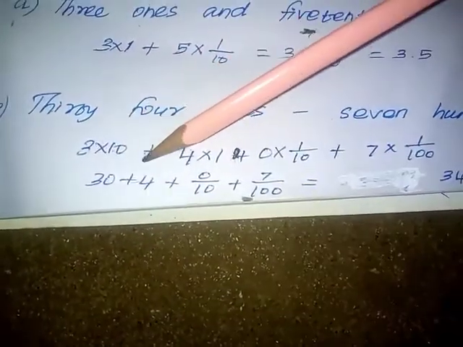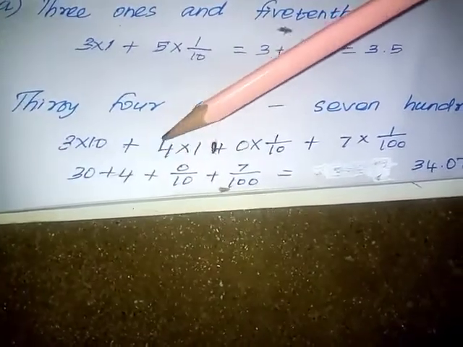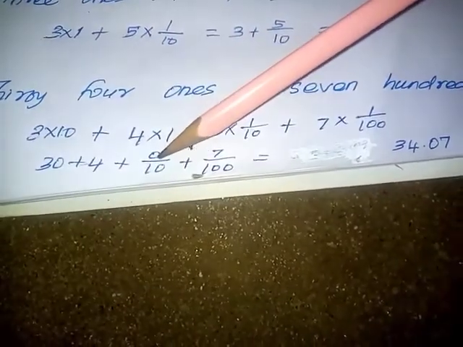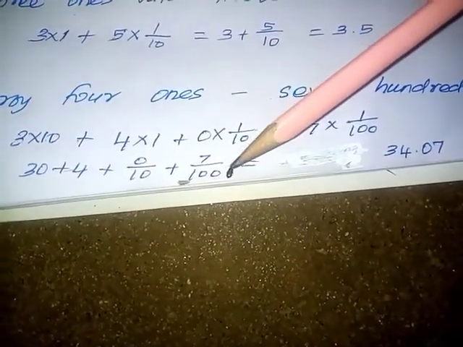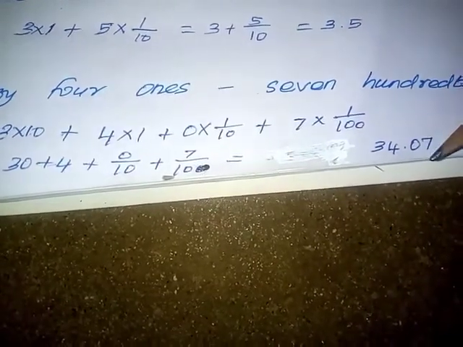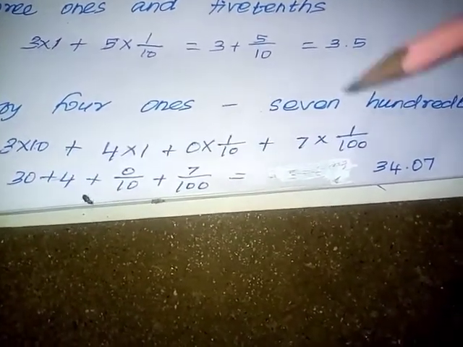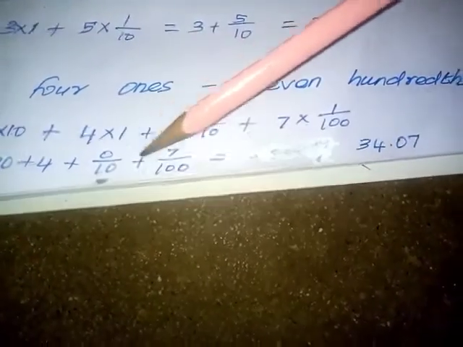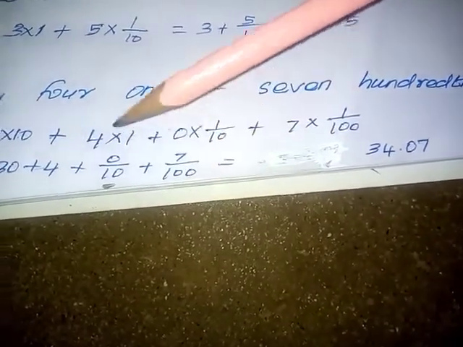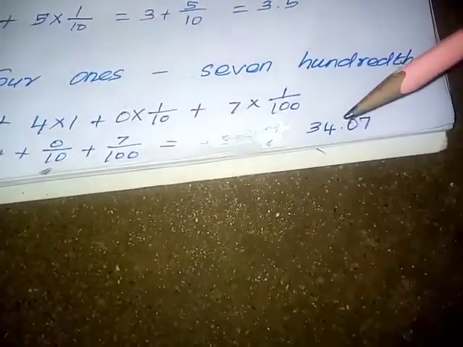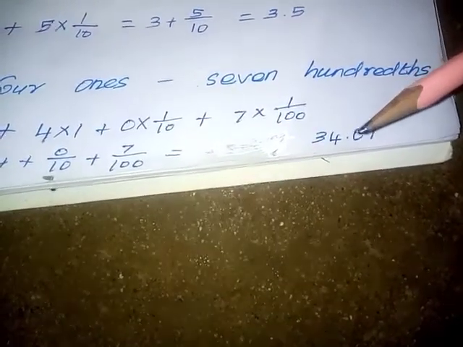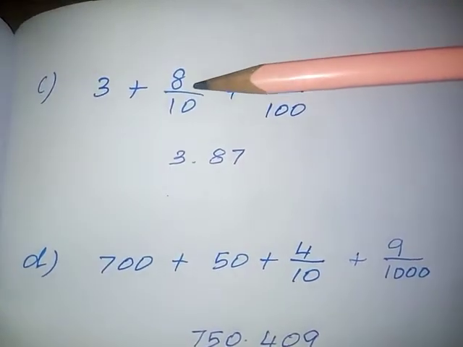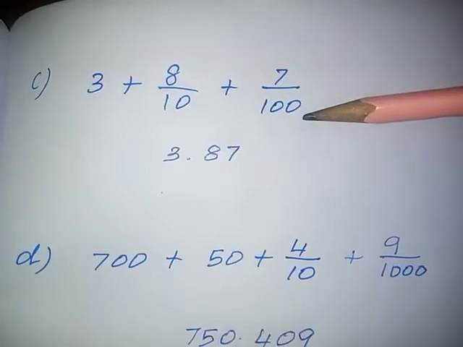So 3 into 10 is 30, plus 4 into 1 equals 4, plus 0 by 10 plus 7 by 100. The respective decimal value is 30 plus 4 equals 34. That is the integral part. Then the decimal part is 7 by 100. Here there is no tenth place, so we have to write 34.07.